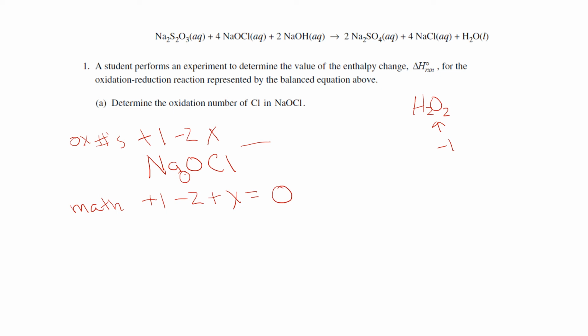So when I do the math, it turns out that x is equal to +1. And this was a common mistake that students made on this exam. They assumed that chlorine would be -1, and they didn't go through and do the math for this problem.